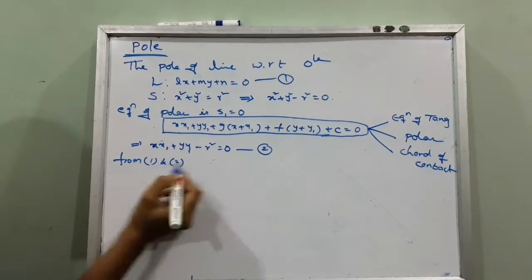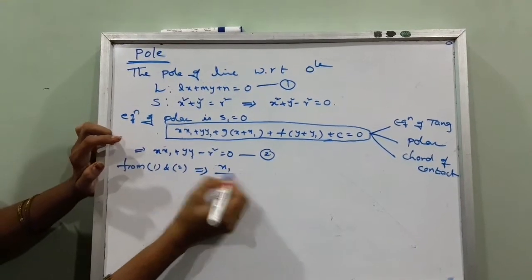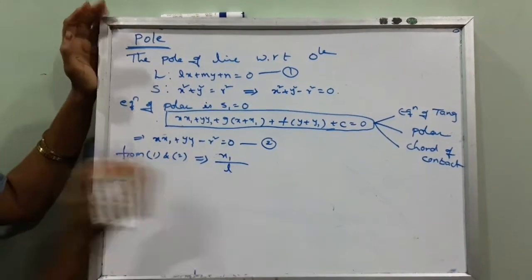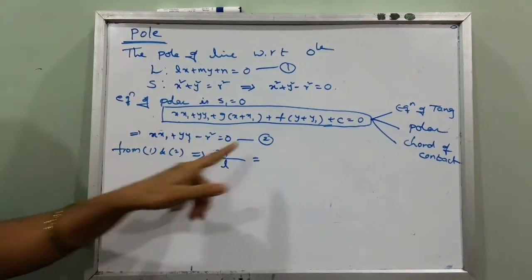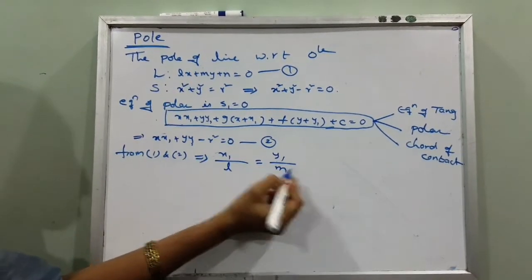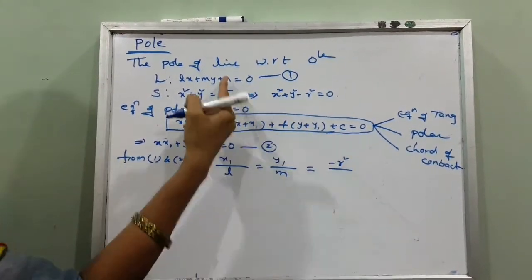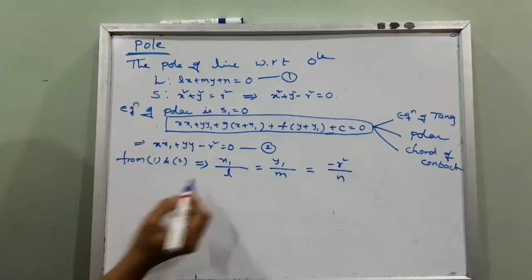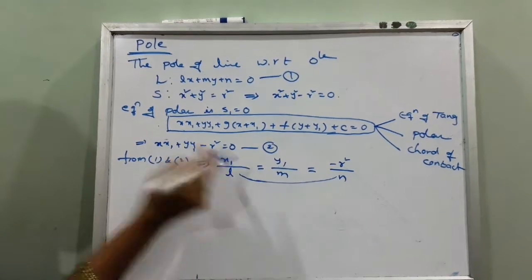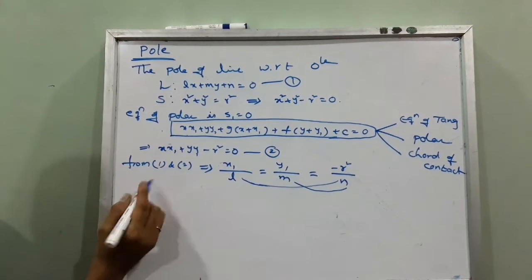Comparing 1 and 2, the x coefficient is x1 divided by L, which is equal to the y coefficient y1 by m, which is equal to the constant minus r square by n. Equating these, we get the x1 value and the y1 value.